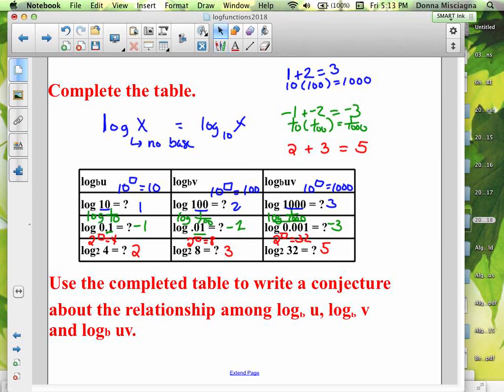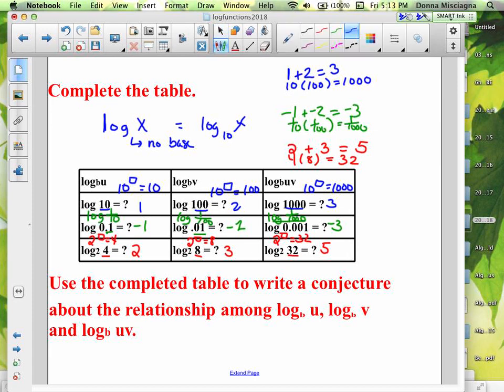And I also noticed that if I were to multiply 4 and 8, I'd get 32. So I kind of see a relationship here, that the sum of my answers is equal, and the product of what I'm taking a log of is equal.